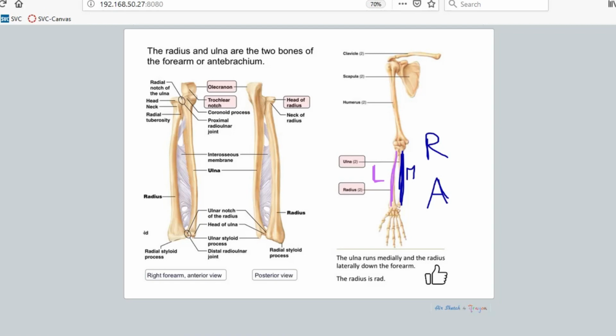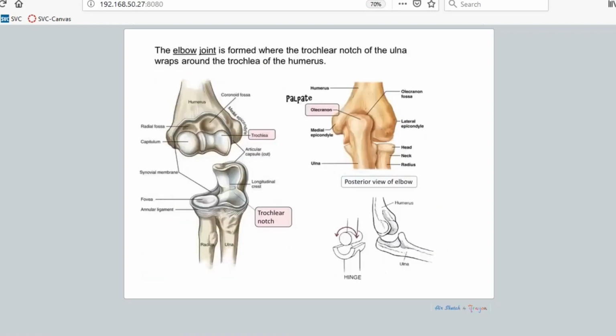Some other bone markings you guys are going to be responsible for. This is the proximal end up here. The olecranon and the trochlear notch. We'll take a closer look at those in a second. And then here we have the radius, and that's the head of the radius there. Okay, so now we're down to forming the elbow joint.